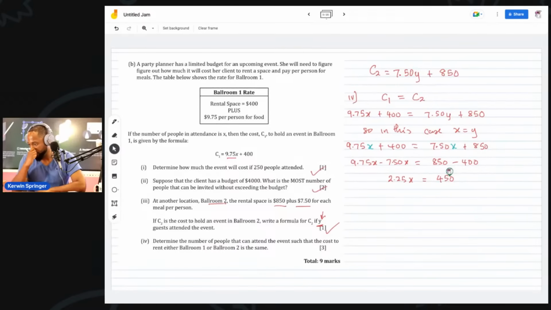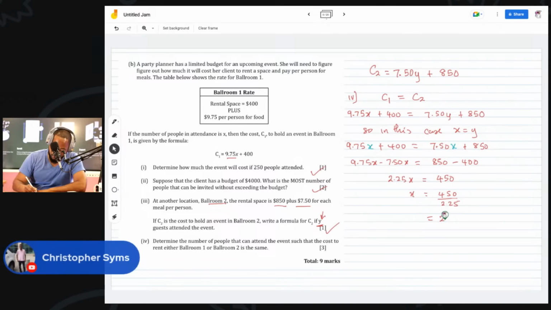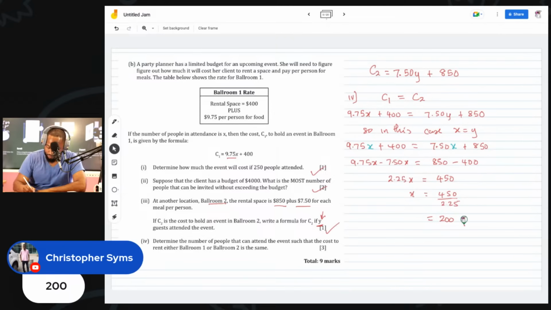We going good so far? Write in the chat if you're following everything in this live. And then finally, x should be equal to 450 over 2.25, and it's exactly 200 persons. And we finish this question.